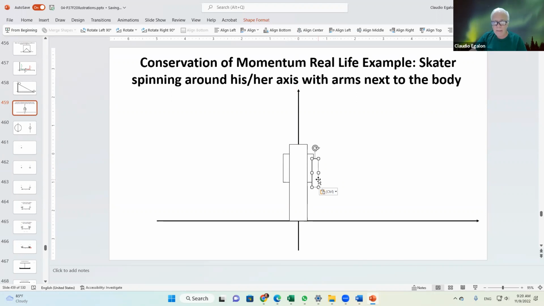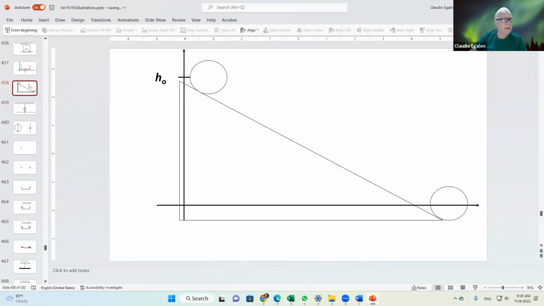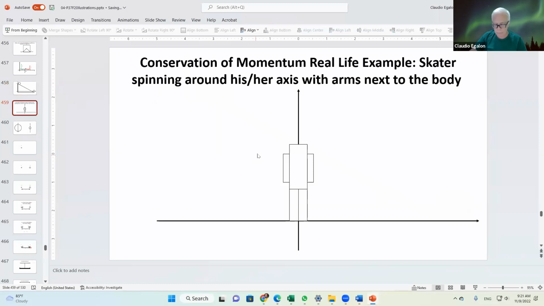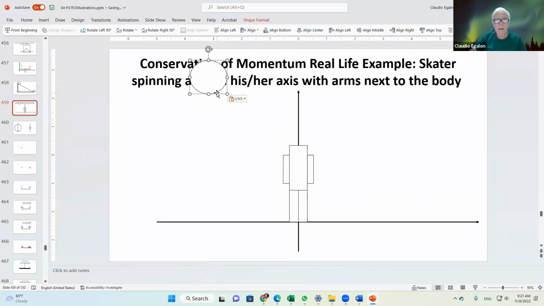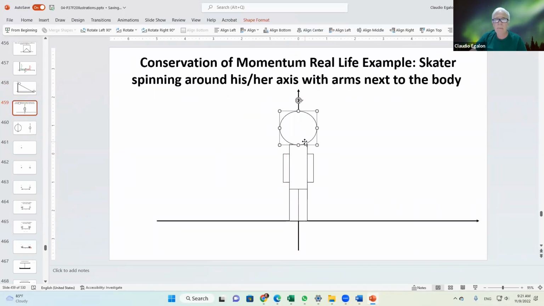The legs can be modeled as 2 cylinders. Overall, a very good approximation for a skater, and the head can be modeled approximately as a sphere. Not too big a head, right? Smaller.